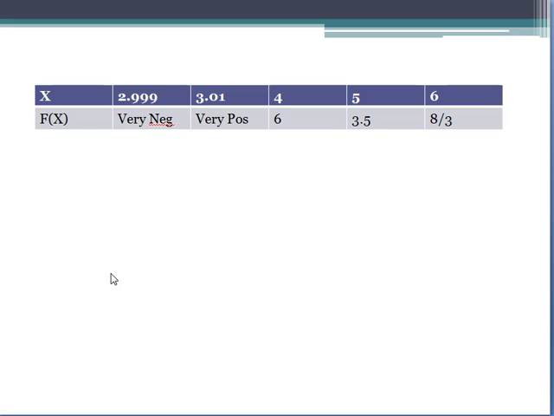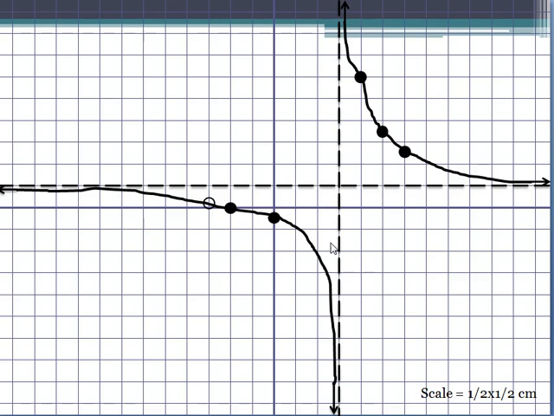Then we punch in 3.01, which is on the right side of the vertical asymptote, and it's very positive. Perfect. So on the left-hand side the arrow goes down, and on the right-hand side of the vertical asymptote it goes up, positive.